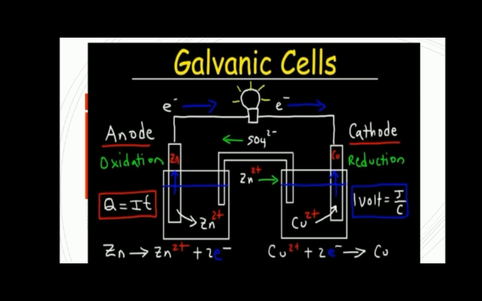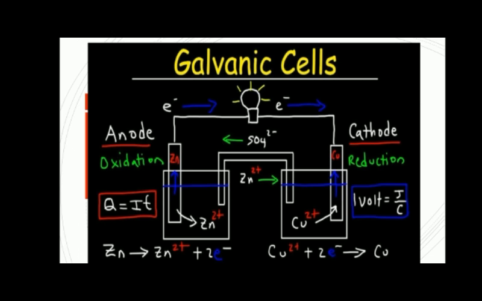According to the presentation you have just seen, for the Daniell cell, the zinc electrode is immersed in its electrolytic solution, zinc sulfate. You know children, zinc is more reactive than copper, so in the reaction shown in the figure you can observe that zinc is losing electrons and converting into zinc dipositive ions.